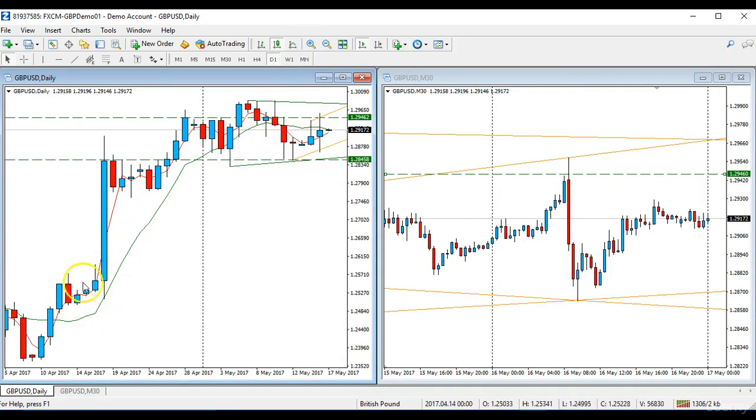If you remember in an earlier video, I talked about how I use this moving average. Here's the momentum on the pound US dollar, and because this fast moving average is moving very, very fast and the candles are exceeding the moving average, that's where I want to look for trades.